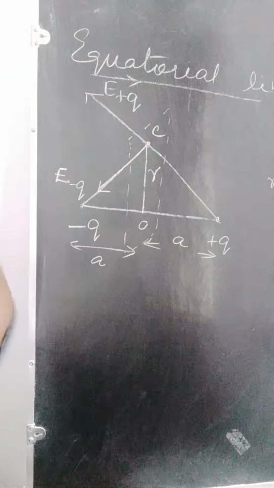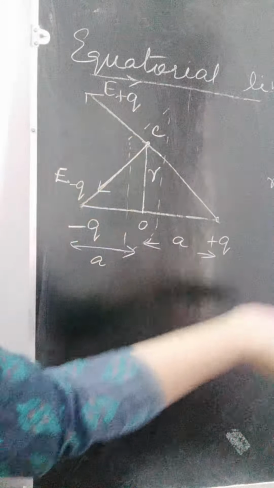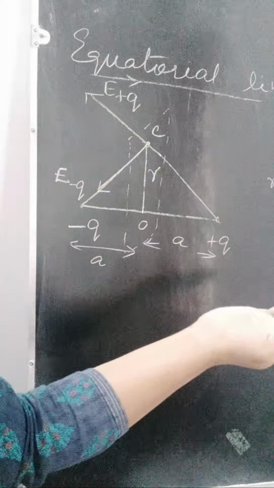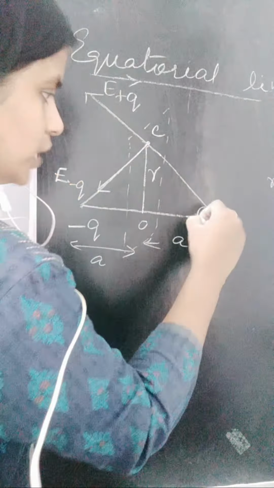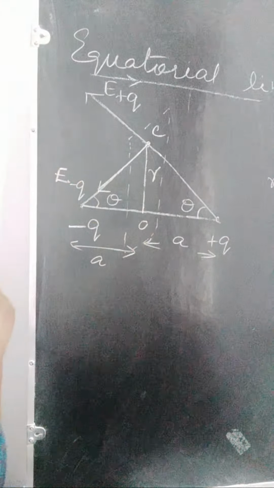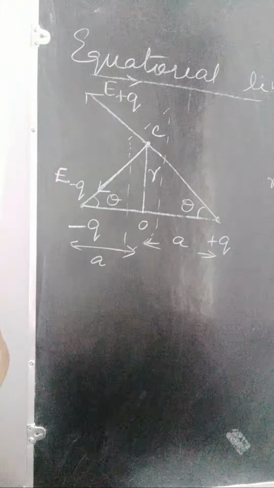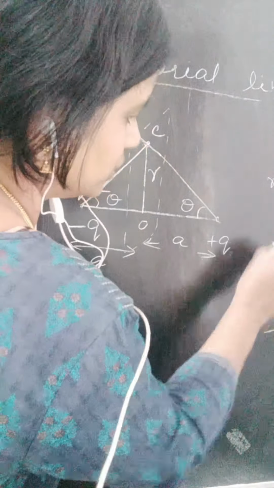Right? And here only one difference: they are making an angle. As they were lying on the axial line, there was no phase difference, so we took 0 degree. Here we don't know the angle. So what is this angle? I am taking theta. If two vectors are making an angle theta, how do we find the resultant vector?